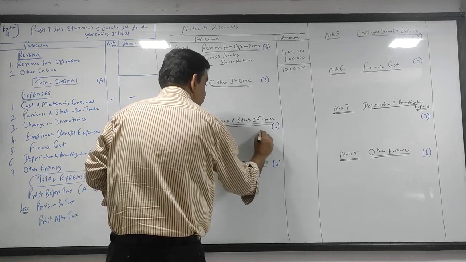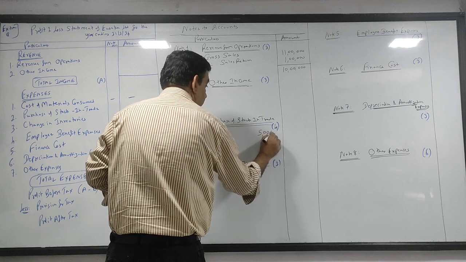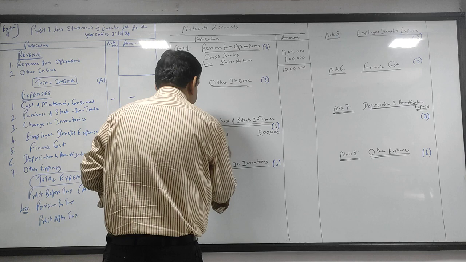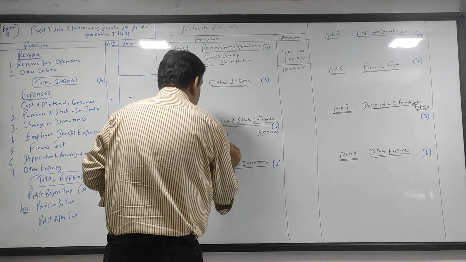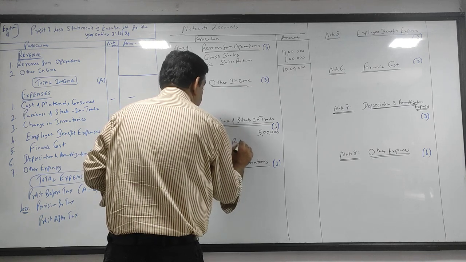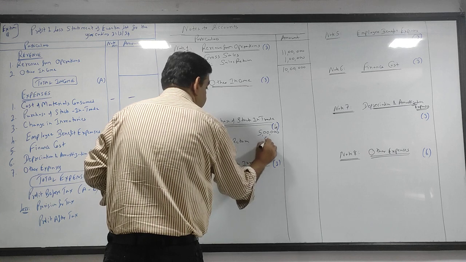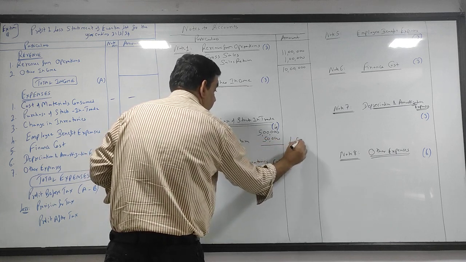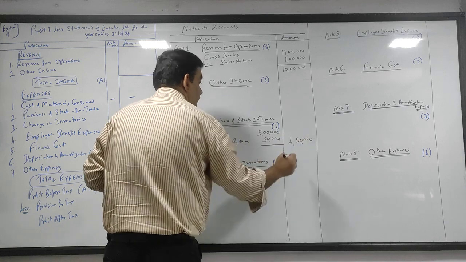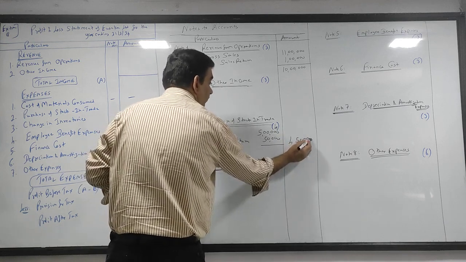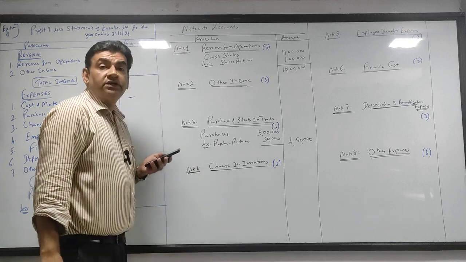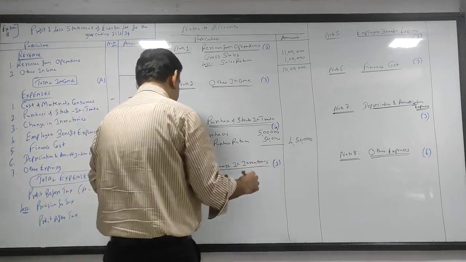कितना है purchases? 5 lakh. From that, less purchase return 50,000. So you get outside 450. 5 lakh minus 50,000, you get outside 450.